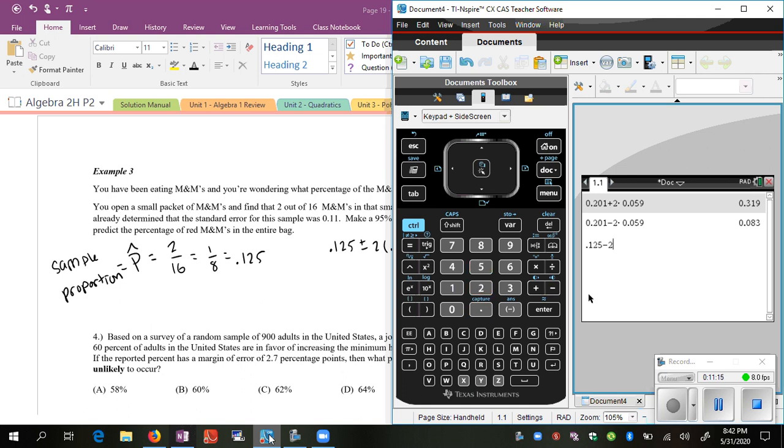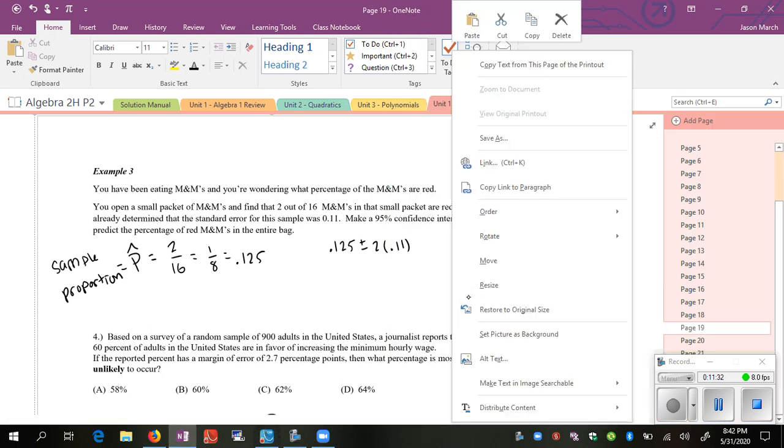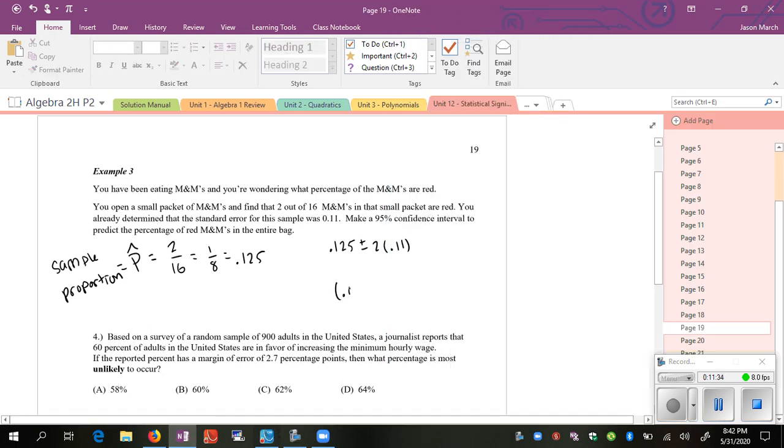The interesting thing about this example is what's going to happen right now. We have a negative lower bound for our confidence interval. So we have negative 0.095 up to 0.345.